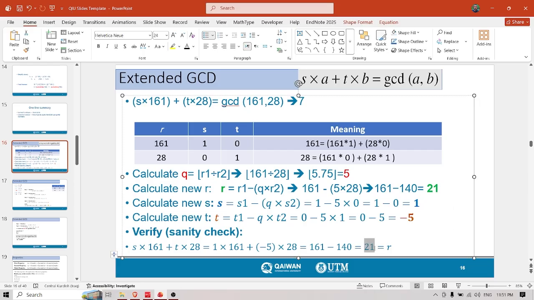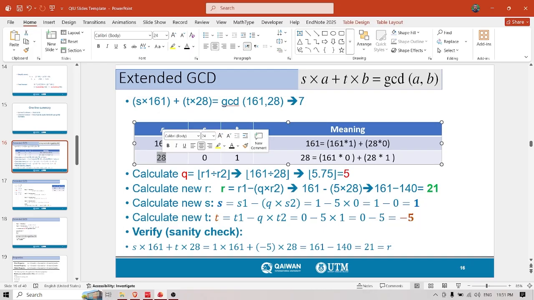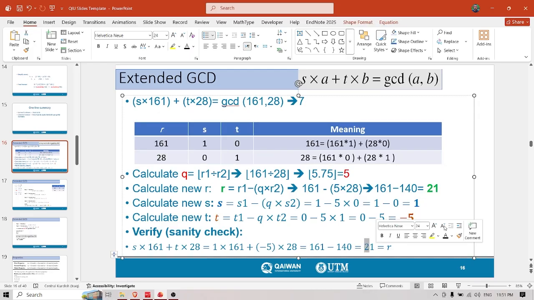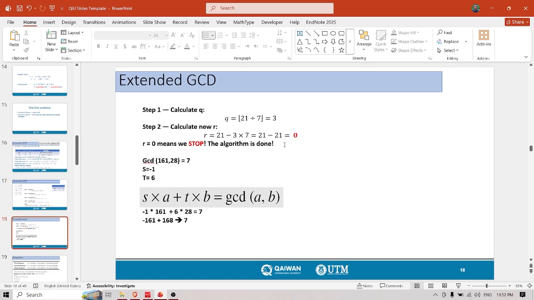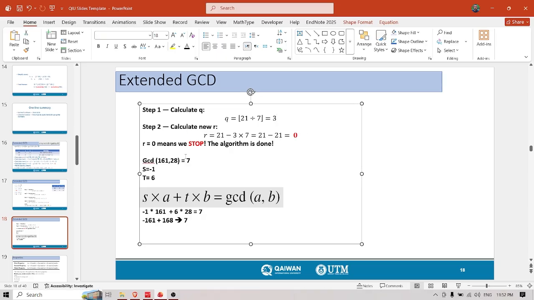Now we take the remainder with the B. We took B 28 with the remainder. Now this is 28 with the remainder. And in here we will take the 21 and the remainder. Now 21 divided by 7 would be 3 with 0 remainder. So it means that we reached our destination and we will solve.